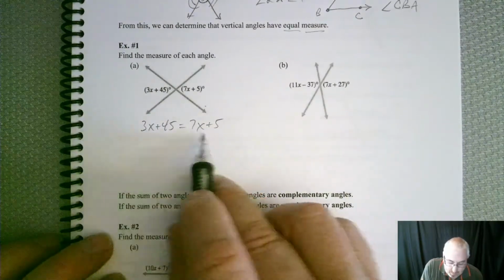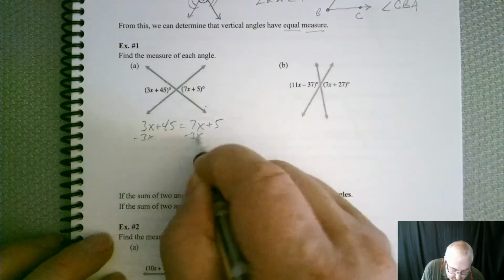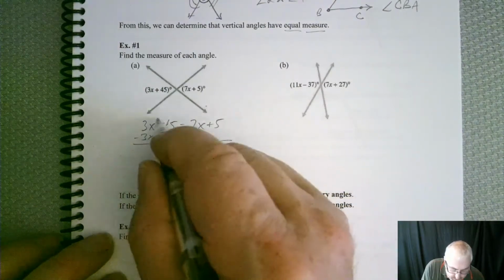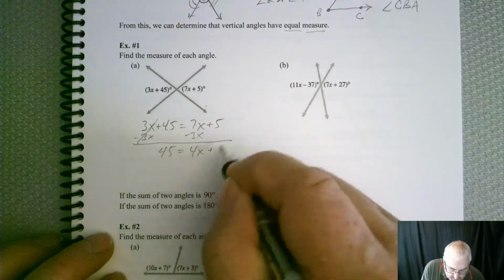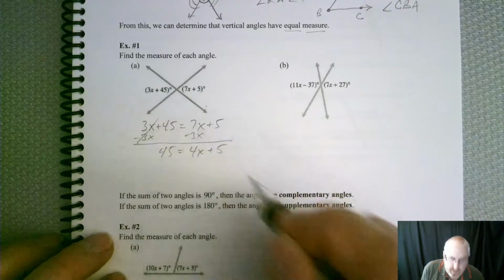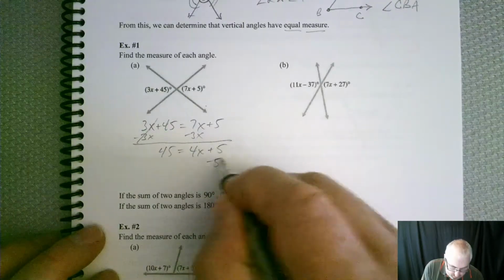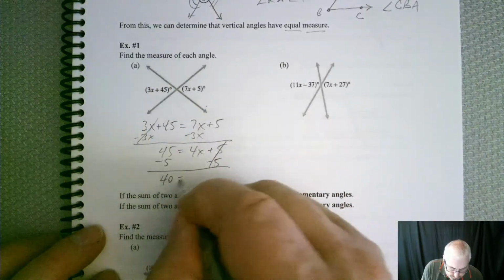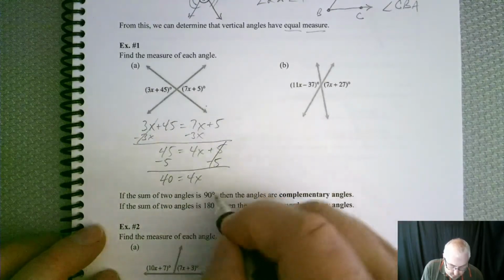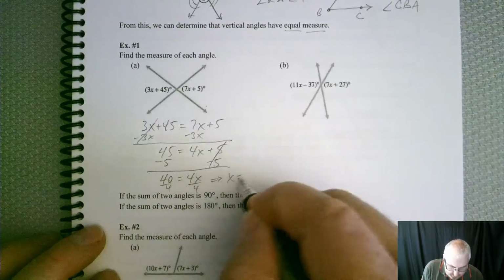So if we look at our x's, we can subtract 3x, and we can bring down our 45, and then we subtract to get 4x and bring down the positive 5. And now we're almost there. Let's lose the 5. And so if we divide by 4, we get x equals 10.